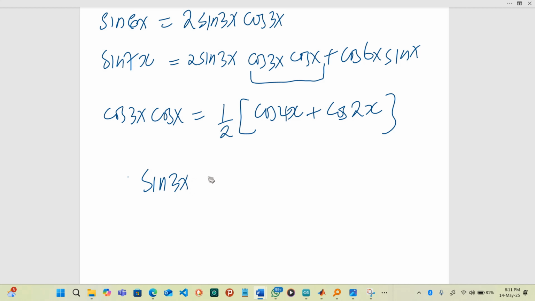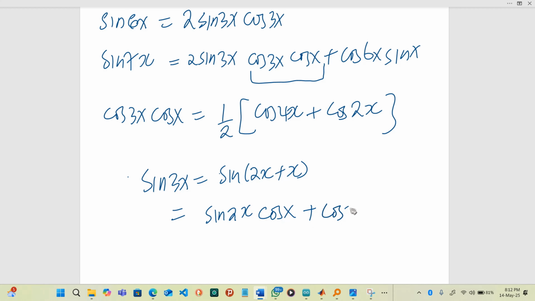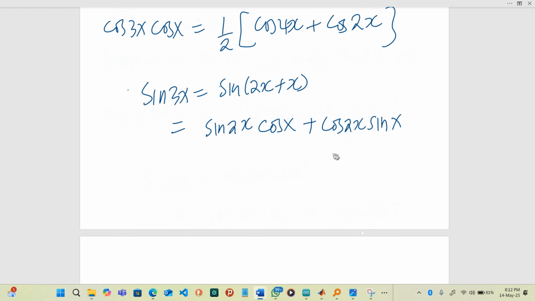So sine 3x is equal to sine of 2x plus x. So this becomes sine 2x cos x. Again, we are adding cos 2x sine x. But we also need to break down this sine 2x. So this becomes 2 sine x cos x.